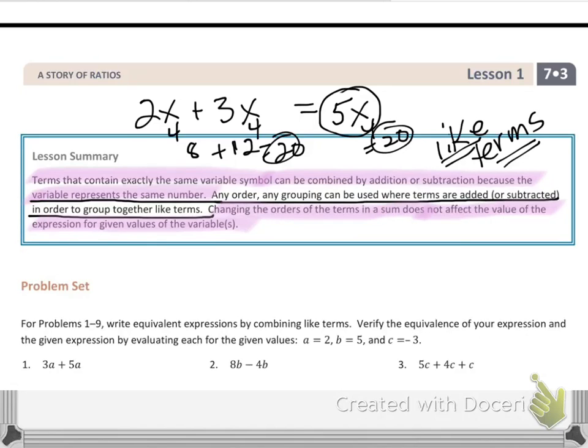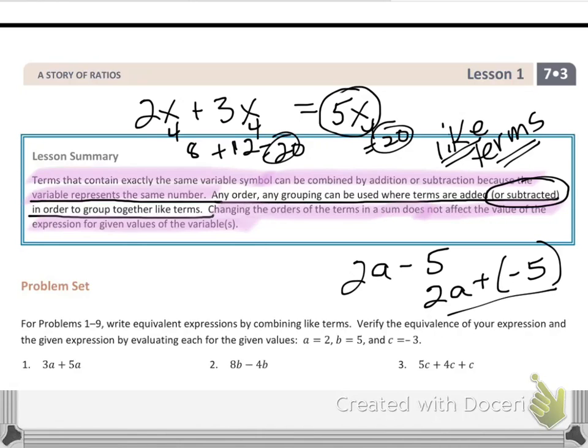And where we had subtraction, remember that we created a sum instead. If we had 2a minus 5, and we wanted to combine that with another expression, we could use the additive inverse to make it a sum, an addition situation. So we could then move this around wherever we wanted to and change its position.